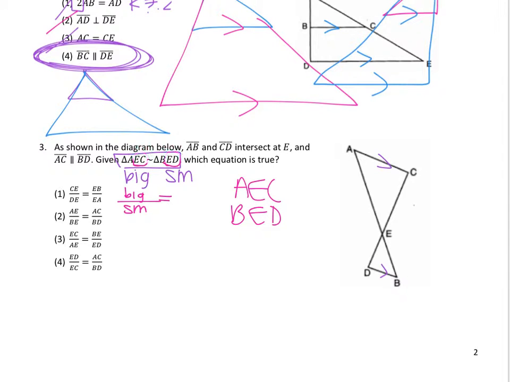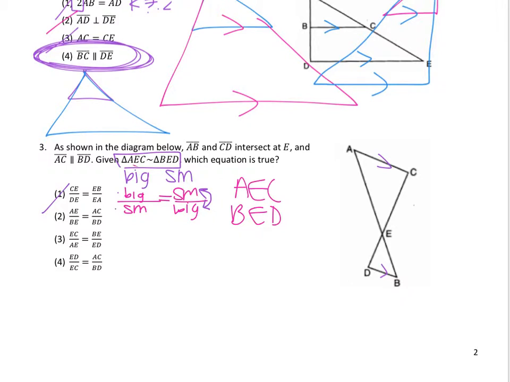EB is coming from our small triangle. So now we're going with small over EA, big. Sure, this side matches up. BE does match with EA. However, we cannot have this happening where we go big over small, small over big. This second fraction should be flipped upside down in order to make it true. So number 1 is false.